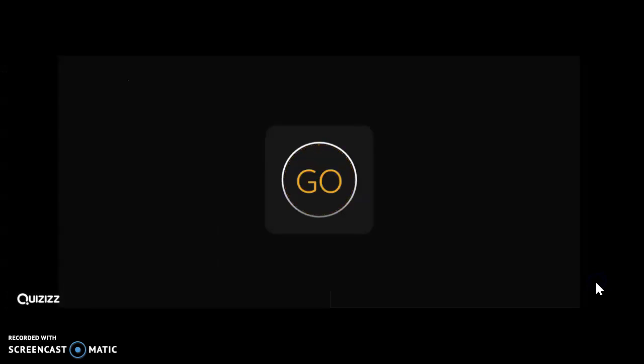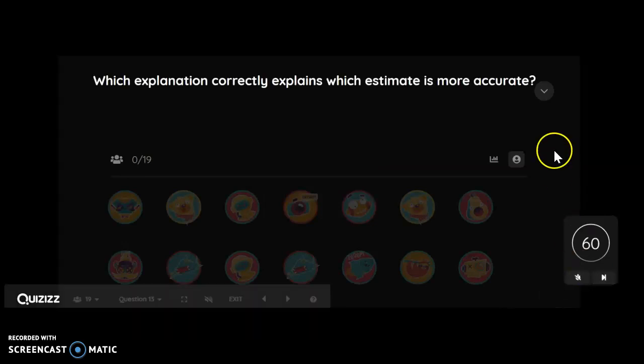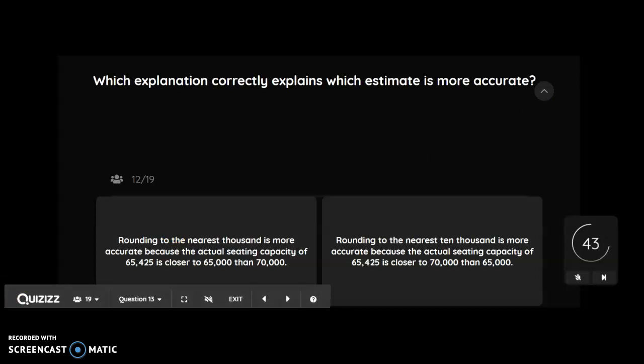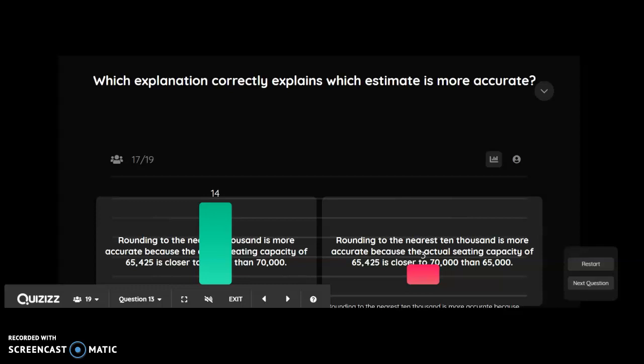Let's go. Which explanation correctly explains which estimate is more accurate? You're figuring out if rounding to the 10,000s or rounding to the thousands gets you a more accurate estimate. Rounding to the nearest 1,000 is more accurate. It's the smaller place value.